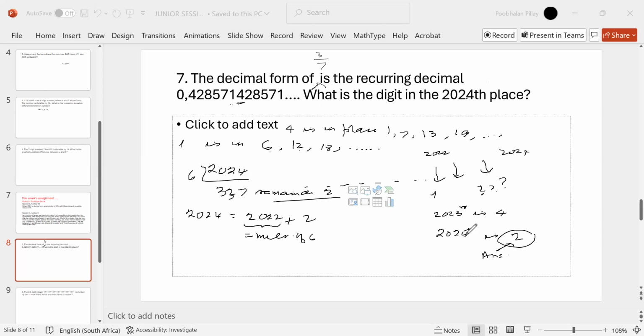The reason is the 2022nd one is a 1. The next one will be a 4, and the next one will be a 2. Okay, so that's how you work that problem out.